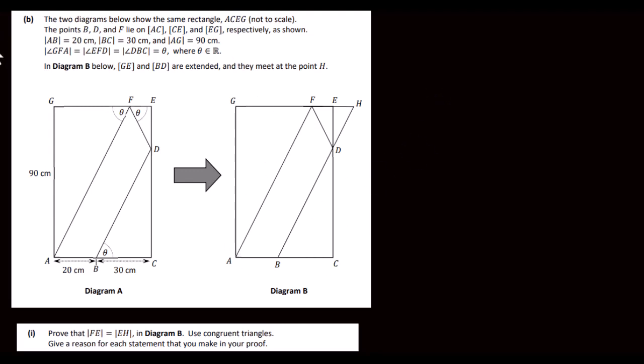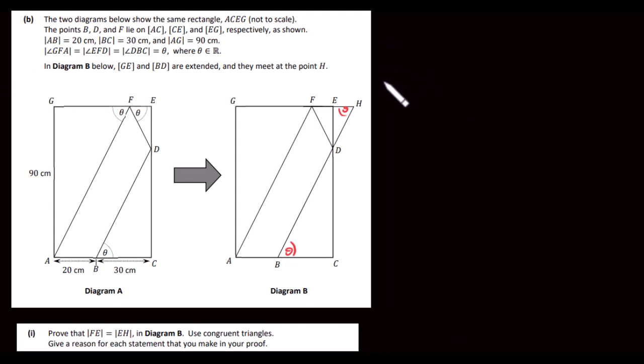So we know that this angle down here is theta. That means this angle up here must be theta as well, because they are alternate. This here is parallel to this line here, because it's a rectangle. So this angle and this angle here are both alternate. So that's the first thing I'm going to say. I'm going to say here we have a statement and a reason.